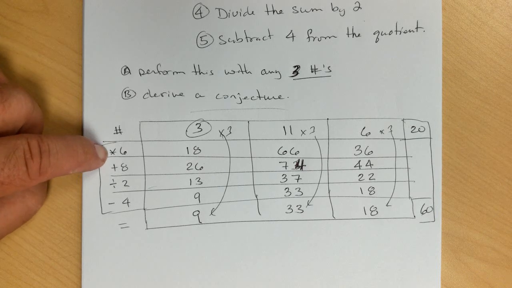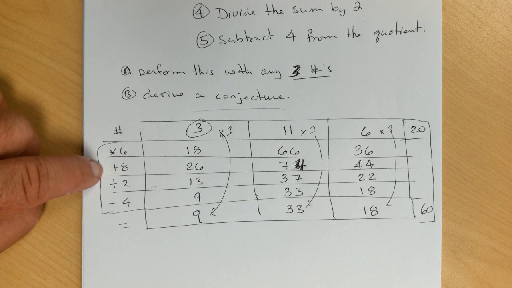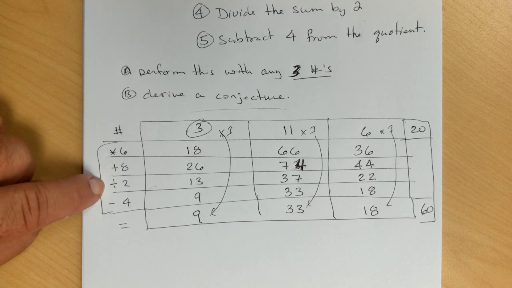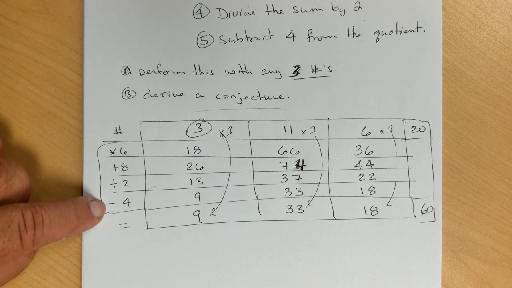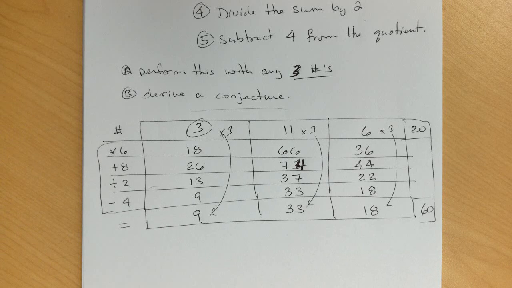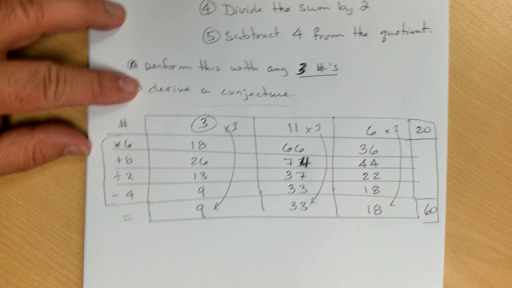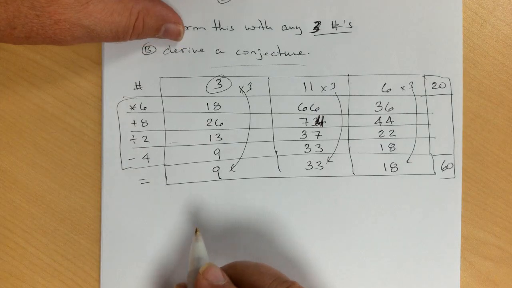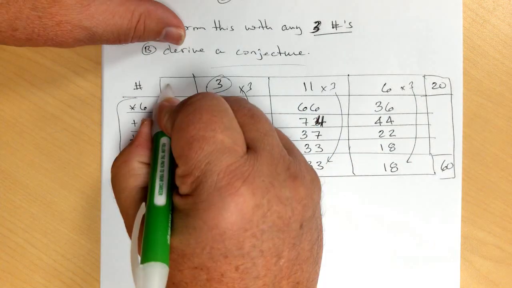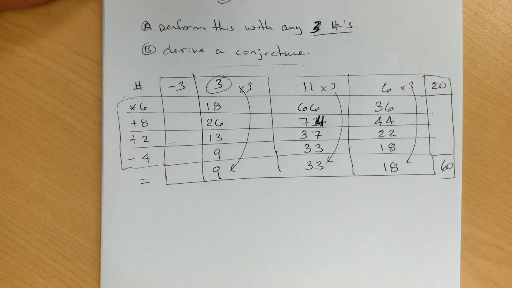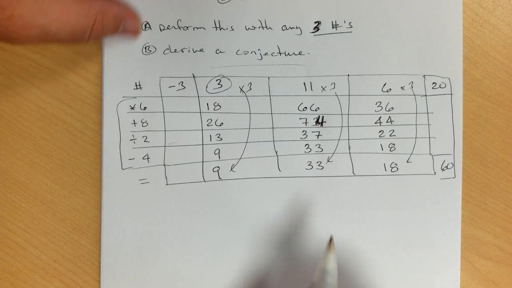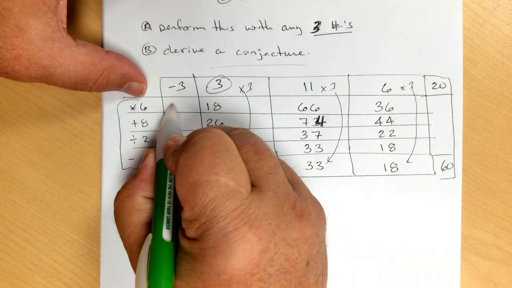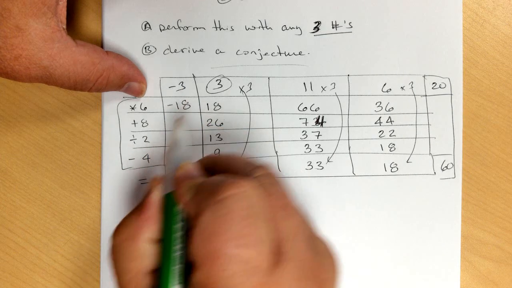Zero times 6 is, plus 8, divided by 2, minus 4. Yeah, so 0. Actually, it's a good point. Does it work for negative numbers? Let's try negative 3. That's a good observation. So negative 3 times 6, plus 8.